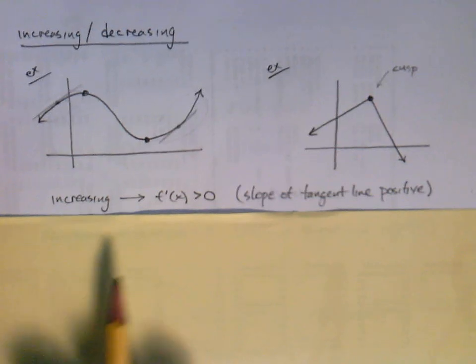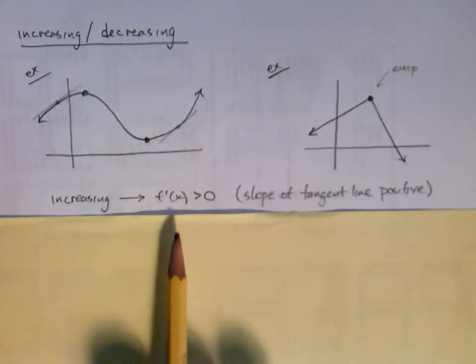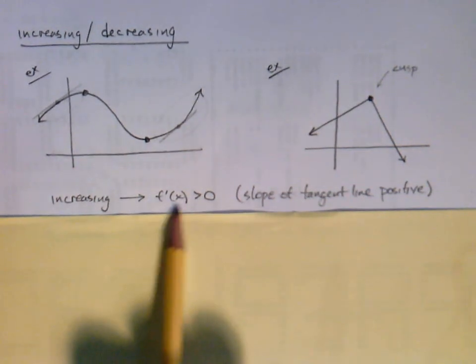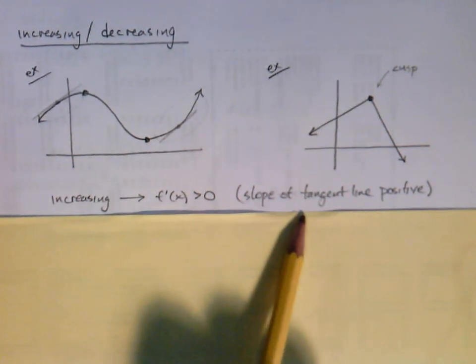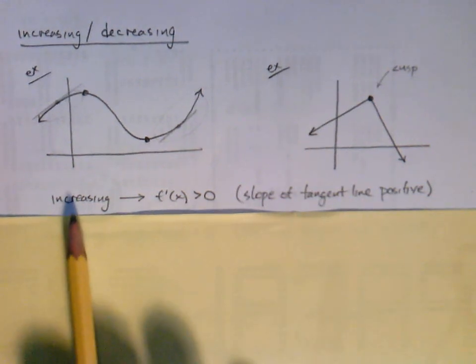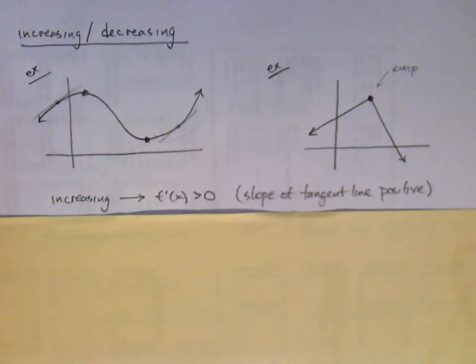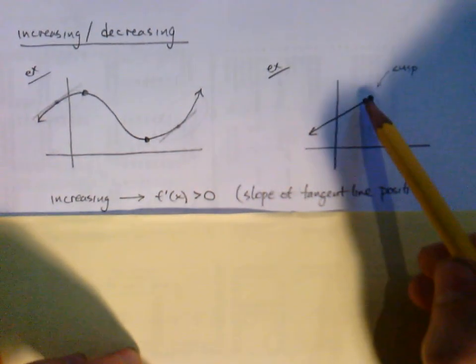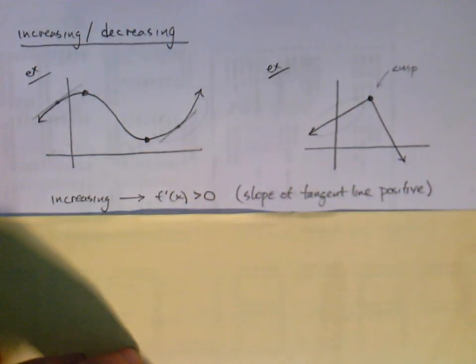Well, if the tangent line has a positive slope, the slope is the derivative, right? That's what the derivative describes, the slope of the tangent line. So if your derivative is positive, your slope of your tangent line is positive, then that part of the graph is increasing. The same would be true on the second graph here, right? We're increasing in that first part.